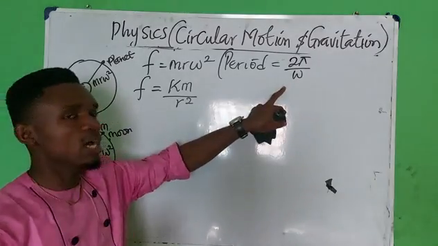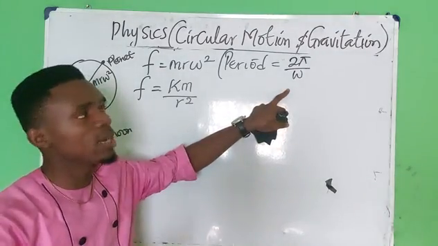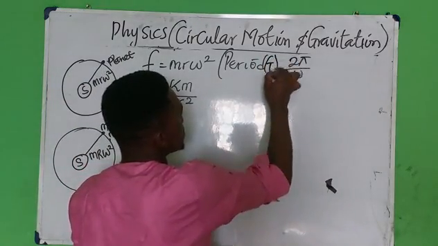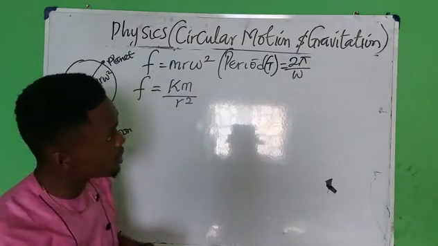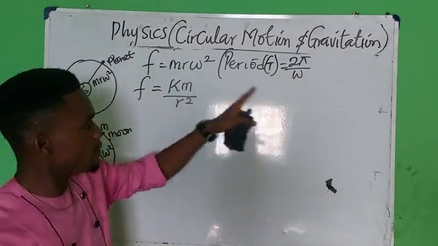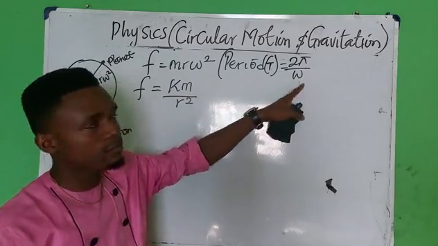It stands for angular velocity, and of course, the period is noted using capital letter T.